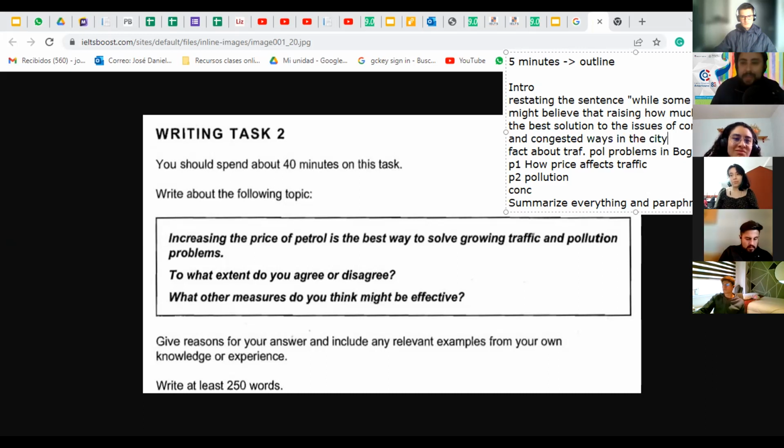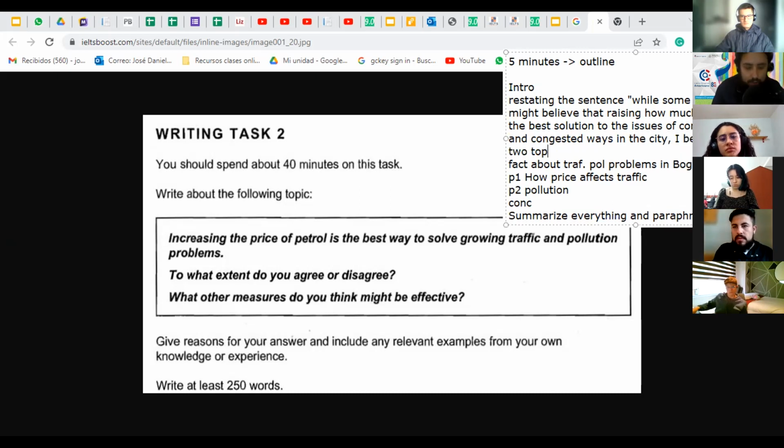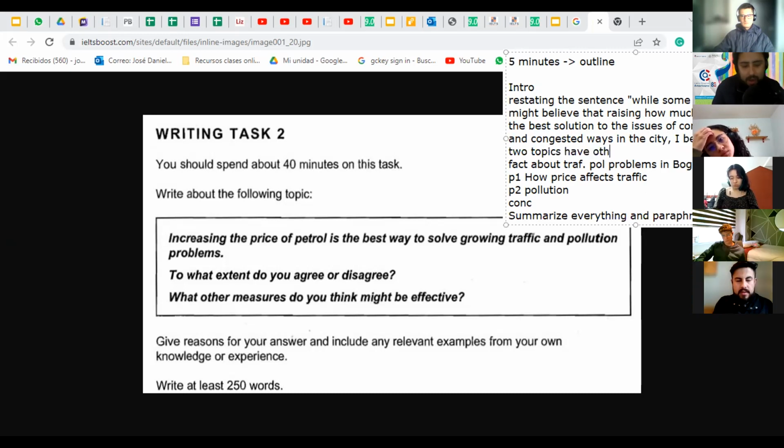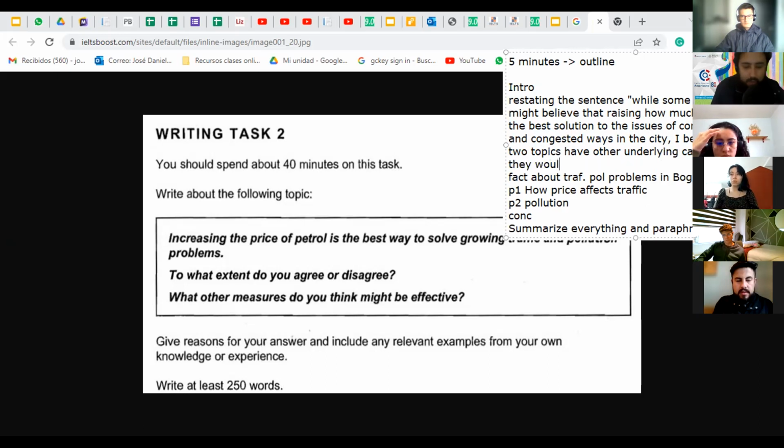While some people might believe that raising how much gas costs is the best solution to the issues of contamination and congested ways in the city, I believe these two topics have other underlying causes, so they wouldn't be resolved by simply doing that or something like that.